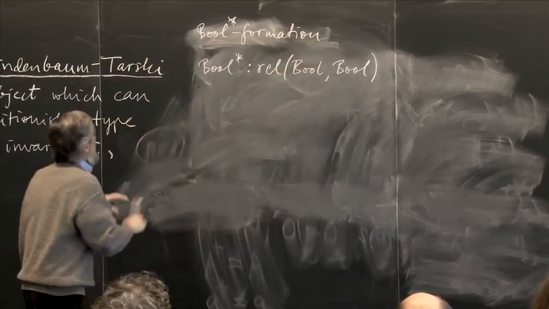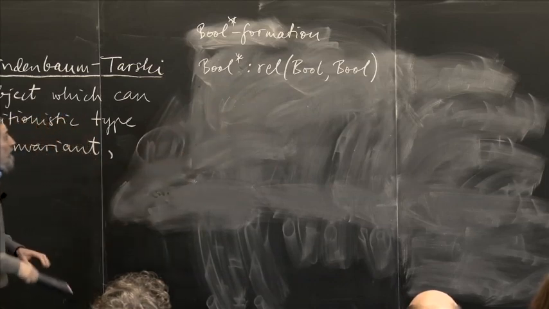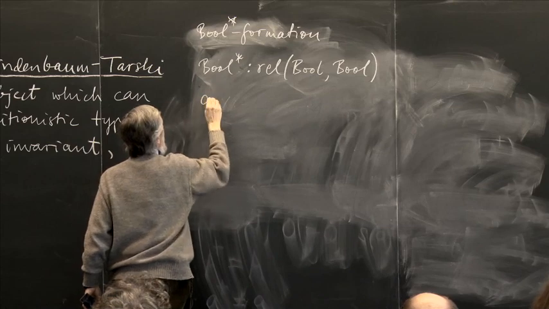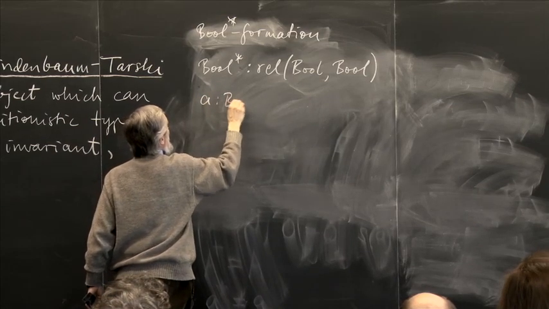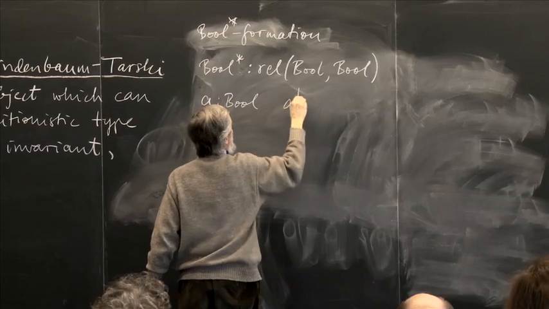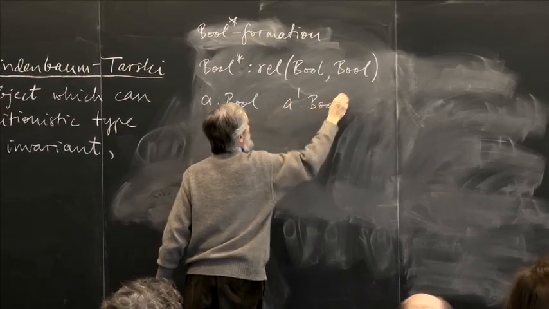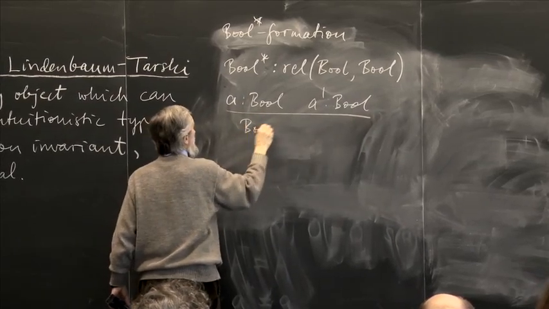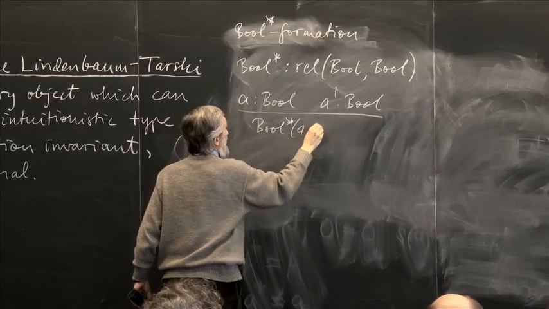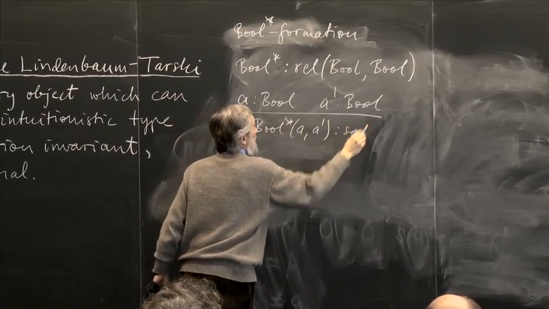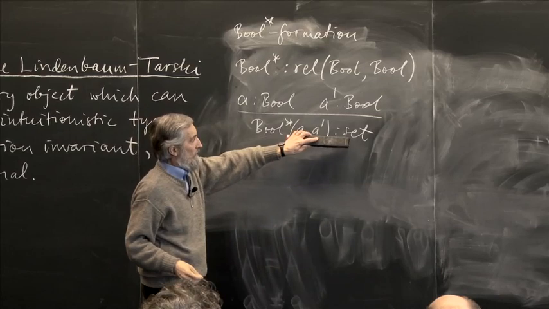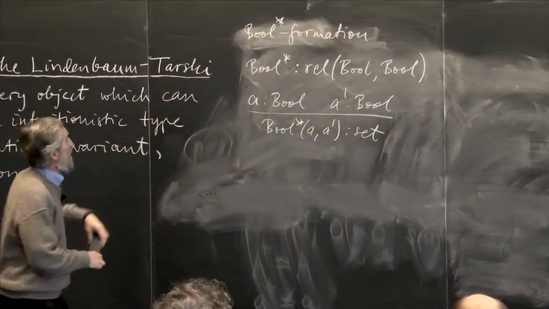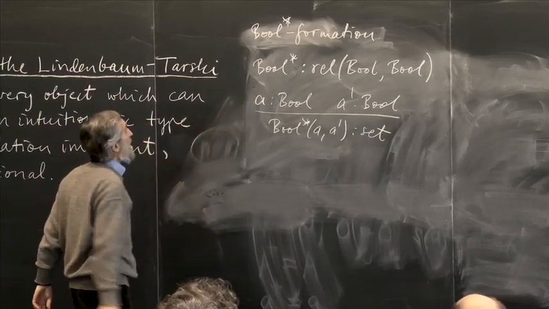which simply says that bool star is a relation on bool, or what amounts to the same is to say that if A is an element of bool and if A prime is an element of bool, then bool star of A and A prime is a set. Remember by Curry-Howard that set and prop for proposition means the same. So we can write it either this way or that way.